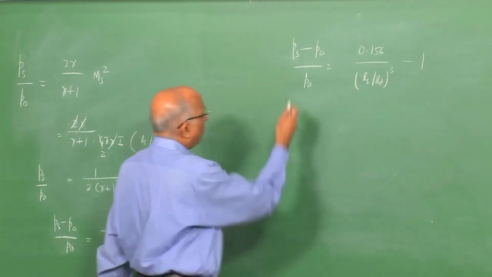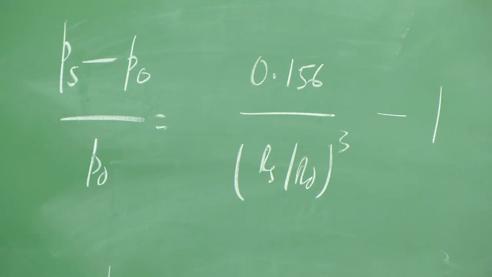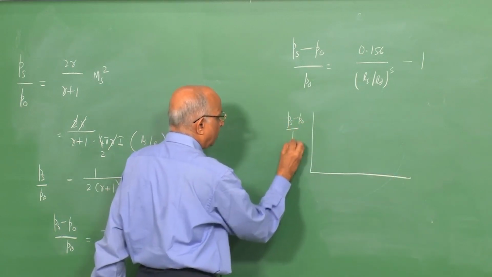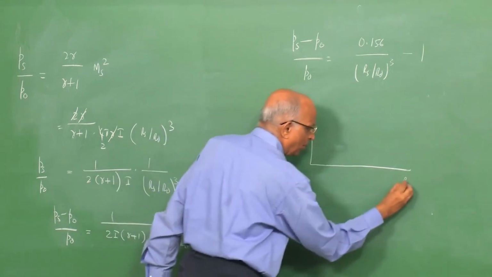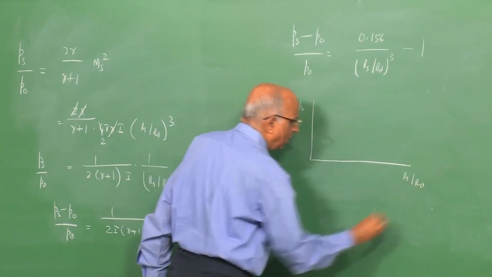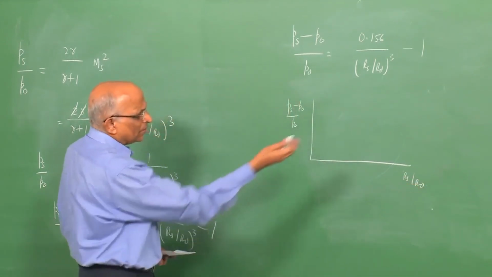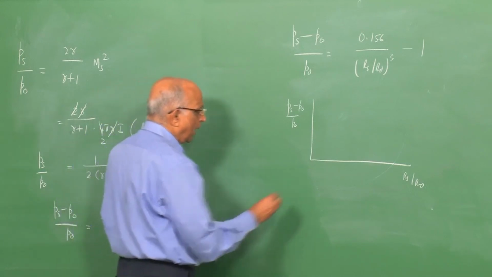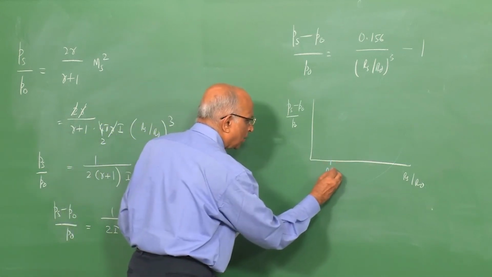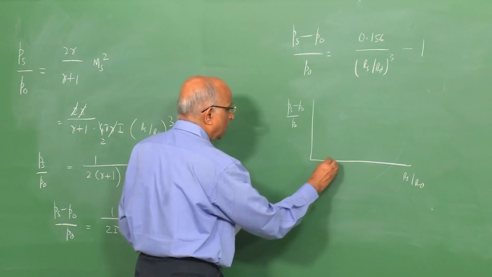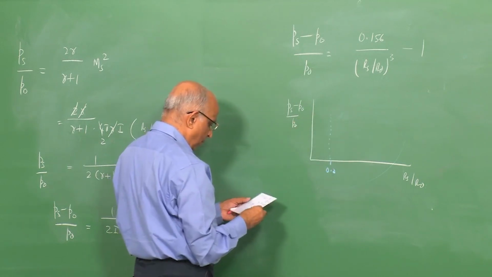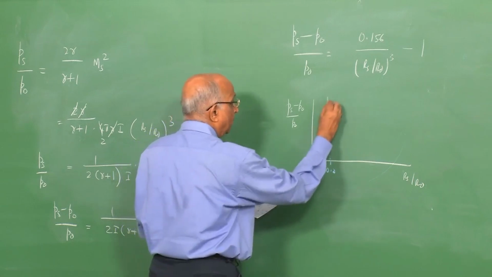And now, if I plot this expression, that means I plot the overpressure Ps minus P naught divided by P naught as a function of Rs by R naught, what is it I get? Let us again do this similar to what I have done over here. At a value of Rs by R naught equal to 0.2, the dimensionless overpressure comes out to be 19.